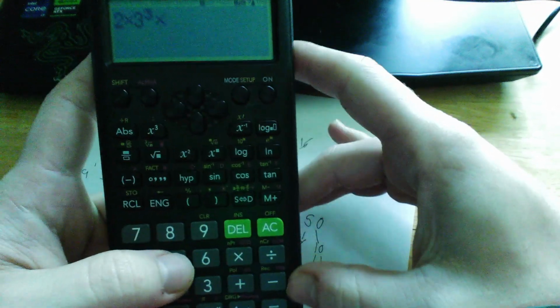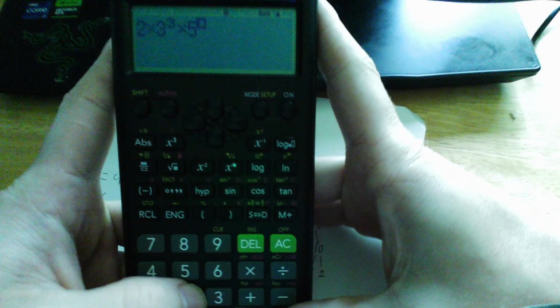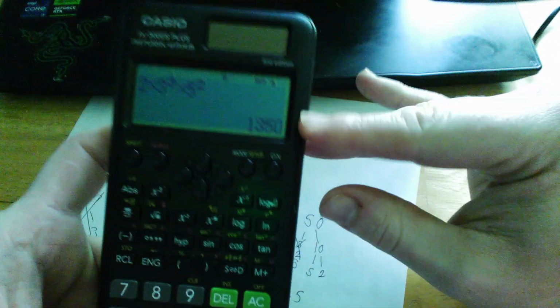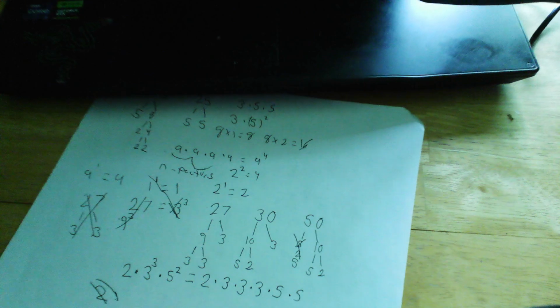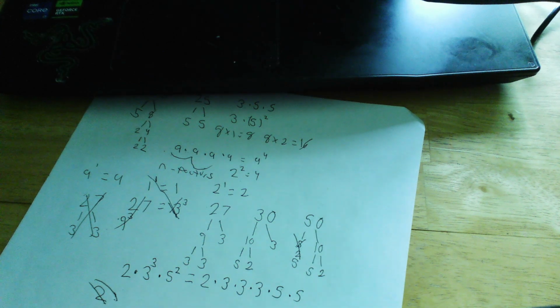Times 5 exponent 2. Then we get our number as 1,350. That is the smallest number that is divisible by 27, 30, and 50.